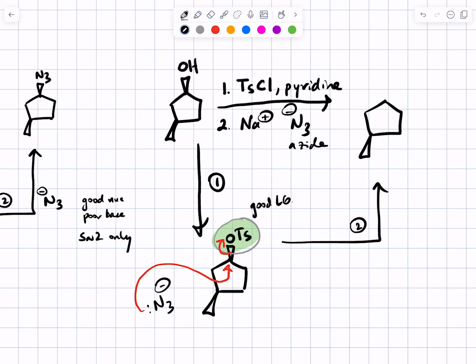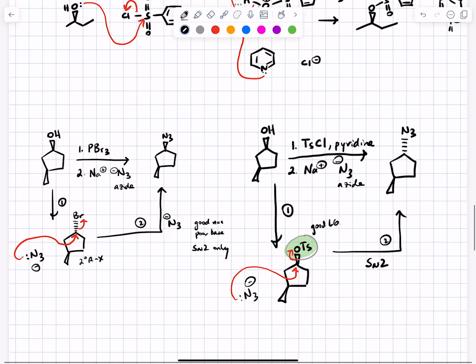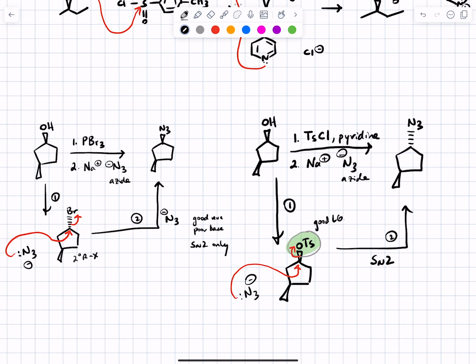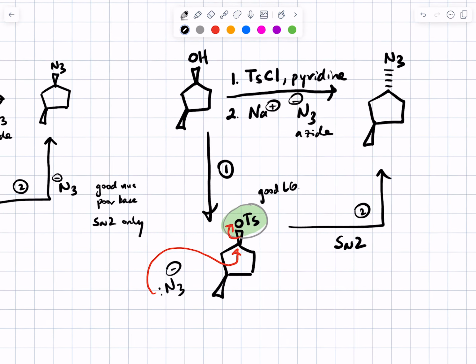Before we do that, just note that if the azide does SN2 chemistry on the tosylate, you end up with a product in which the azide is down instead of up. In other words, just by switching the reagents, we can get a different stereoisomer, which is kind of cool to have reaction-based control of the stereochemical outcome of a series of reactions.